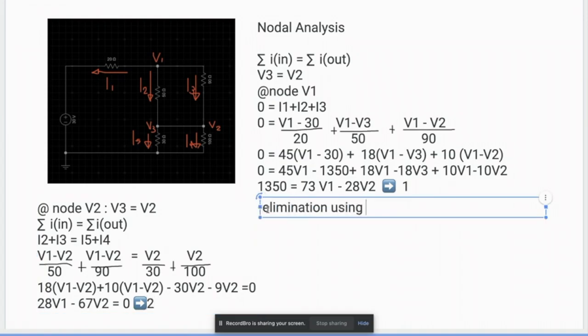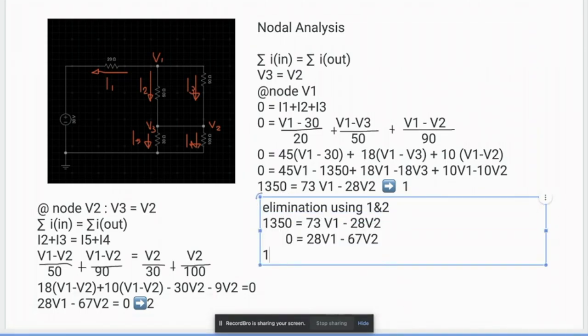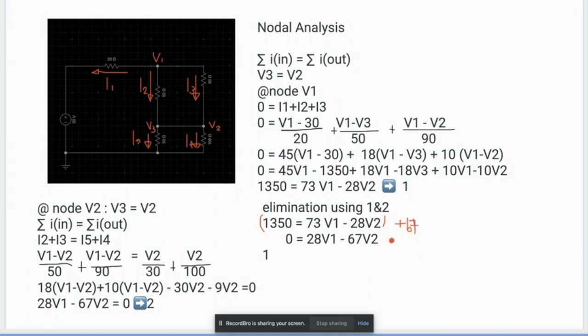Elimination using equations 1 and 2. So that will be eliminating V2, that is, multiply this by 67 and this by 28.